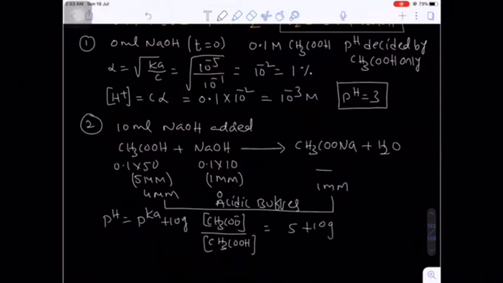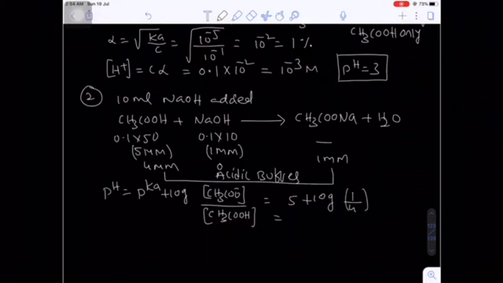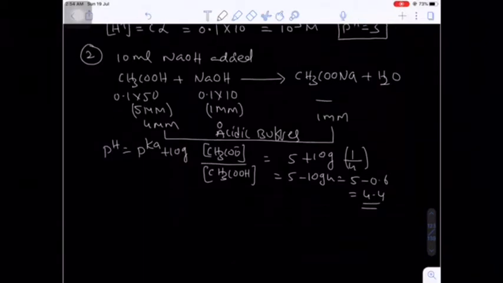What is the pKa? 5, because Ka is equal to 10 to the power minus 5. So pKa is minus log 10 to the power minus 5, that is 5, plus log of salt concentration 1, acid concentration 4, 1 by 4. So 5 minus log 4. Log 4 is nothing but 0.6, so 4.4. This is the pH of the solution after addition of 10 ml of NaOH.